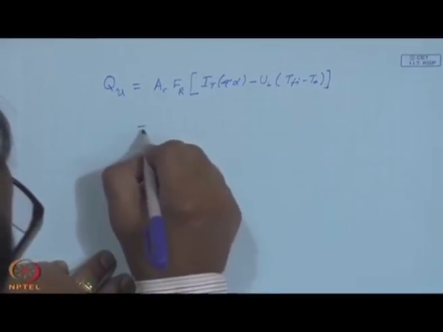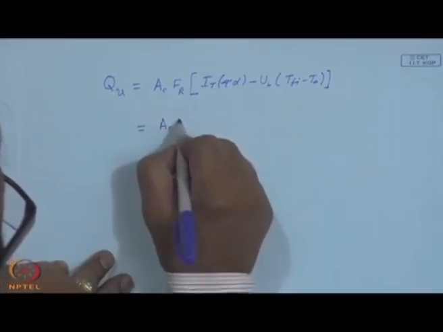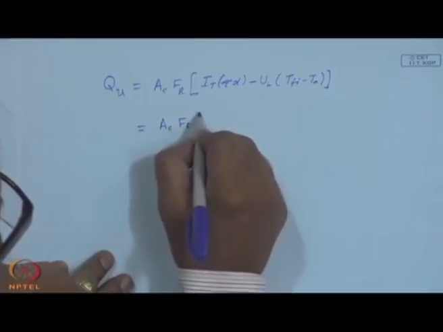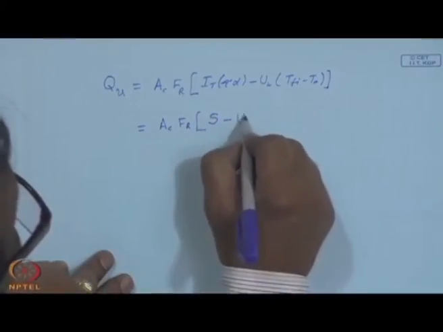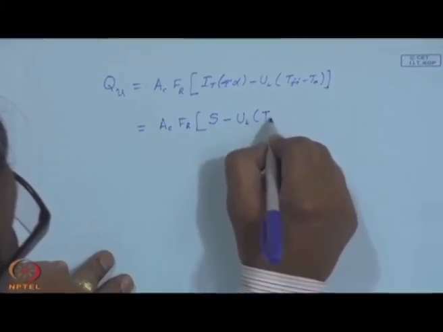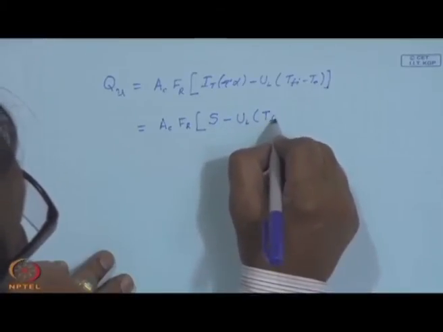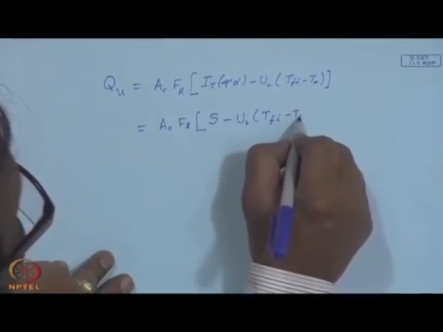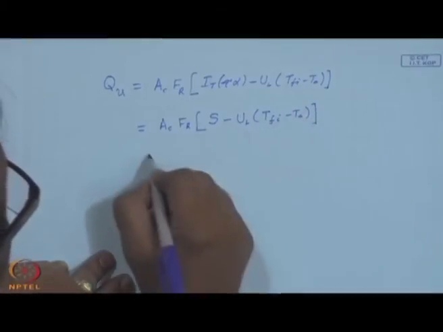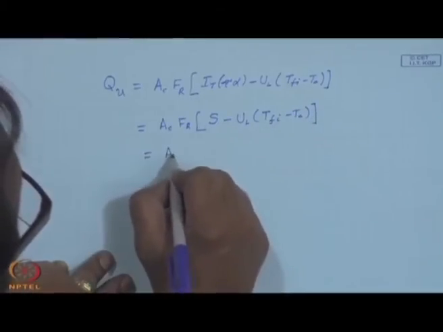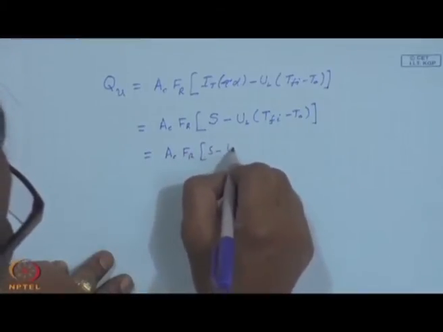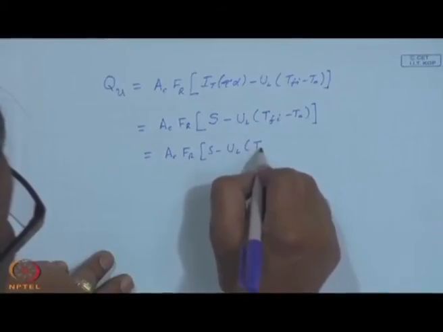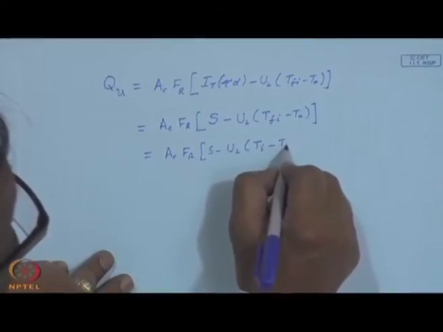In another notation, we may write it as F_R into S, the absorbed energy, minus U_L into, we will drop that fluid T_F_I, minus T_A, which simply is written A_C F_R [S minus U_L into (T_I minus T_A)].